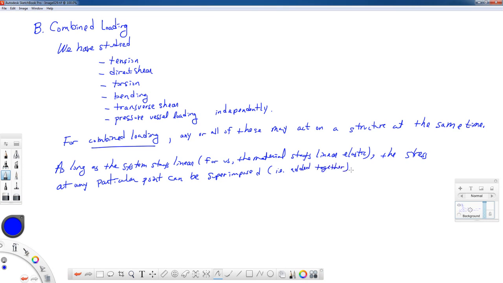Now when I say the stress states can be superimposed and added together, I don't mean that sigmas and taus can be added together at that particular point. But sigma x's can be added to sigma x's, sigma y's can be added to sigma y's, and tau xy's can be added to tau xy's, and so forth.